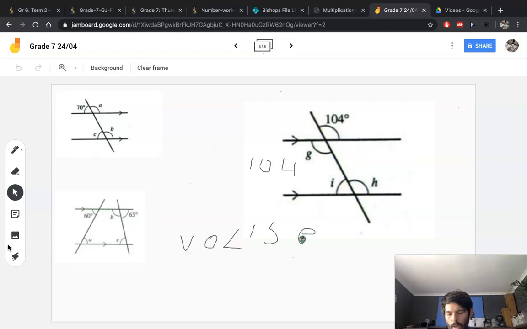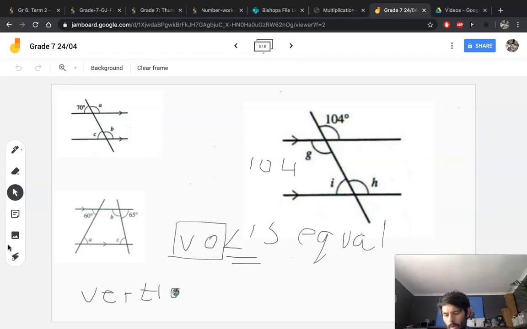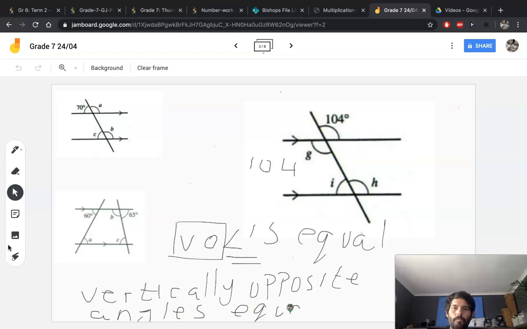VO, vertically opposite, is your abbreviation for the word angles, and I've just put an apostrophe S, and then they're equal. Maybe your teachers will want you to write out vertically opposite angles are equal. So those are your options.